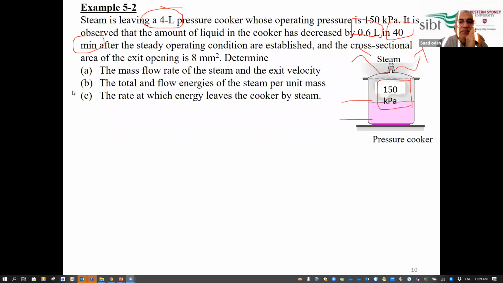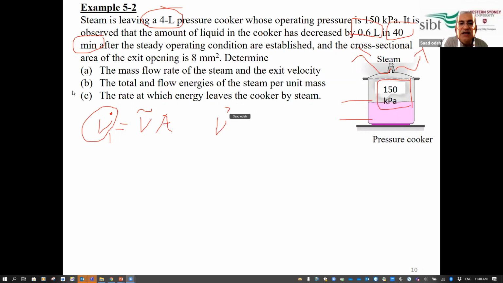So we know the mass flow rate from the cooker. If I have the volume, 0.6 liter, this volume left in 40 minutes. So I can say V dot, which is the volume flow rate. What's the equation of the volume flow rate? We said that it's velocity times the area.